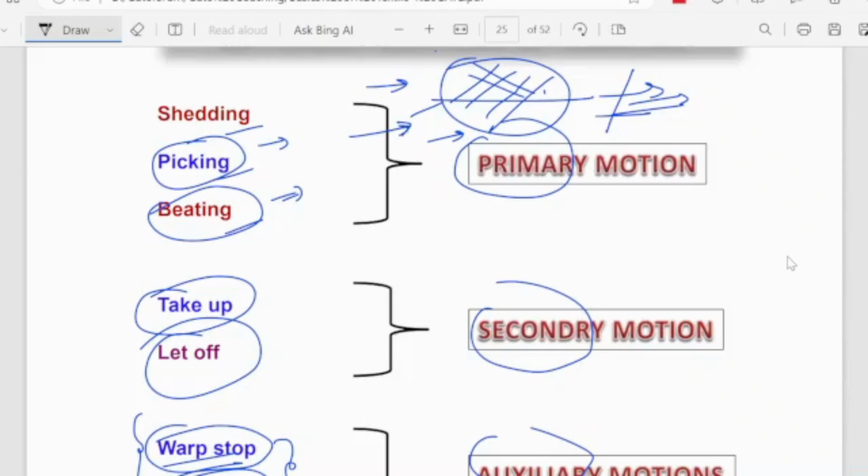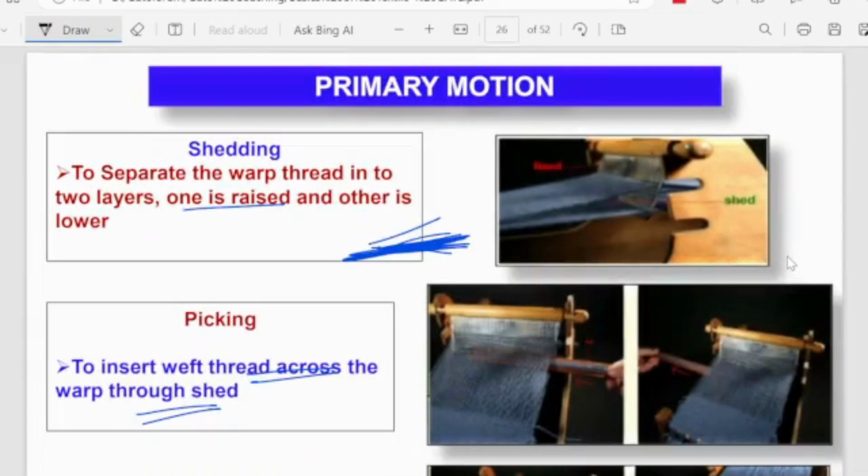Suppose during the fabric manufacturing process, if one thing stops, then the loom is stopped. There are mechanisms to stop the machine. If warp yarn is broken, then the warp stop motion acts, and if weft yarn is broken, then the weft stop motion is there.